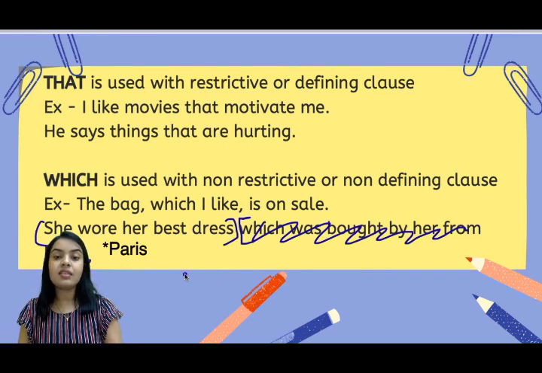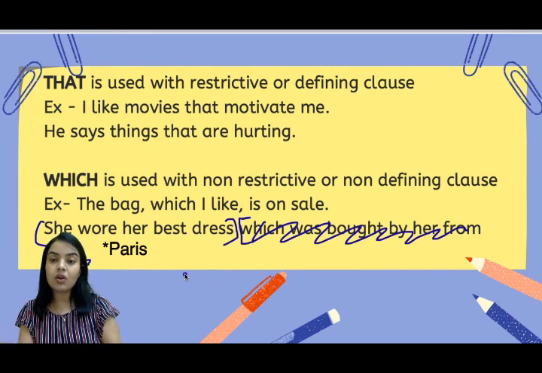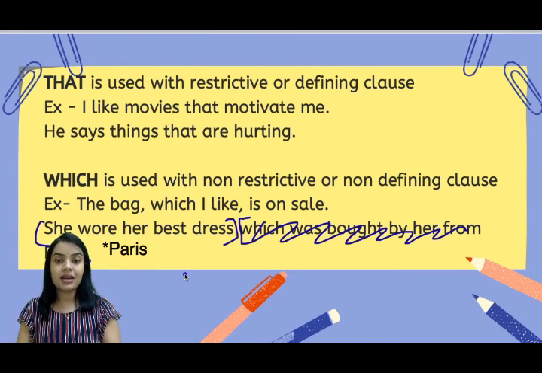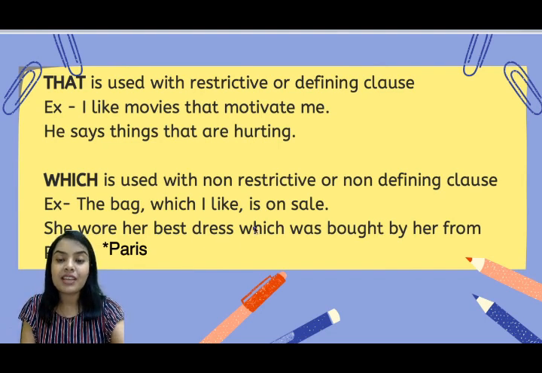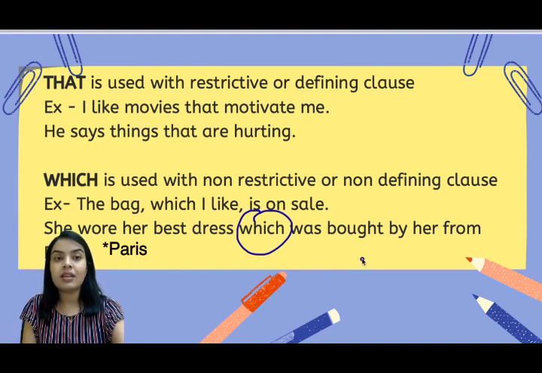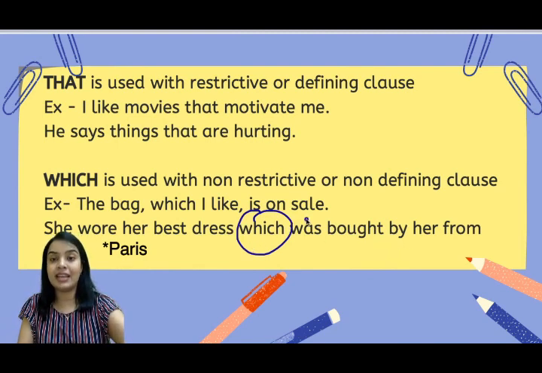So in this case, even if I remove that additional clause, my sentence is still correct in giving you the full meaning. But when I say she wore her best dress, which was bought by her from Paris, which cost $10 or $100, let's not keep it $10, which cost $100, in that case, I'm just giving something additional so that you will have more idea, not for a clear idea, but for just something more you will be getting from the sentence.